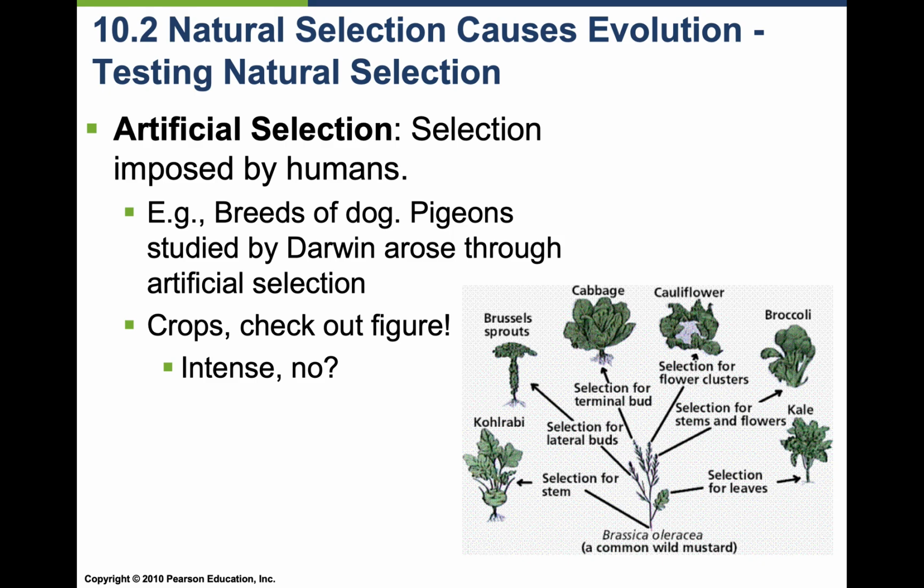So there's something called artificial selection, and artificial selection is really just selection that's been imposed by humans. So we're using the principles of natural selection to artificially select for things that humans desire. There's lots of examples of this. Dogs are all one species, but the variation within that species has been selected for to create things like French Bulldogs and Great Danes and Chihuahuas and just everything you can imagine, right?